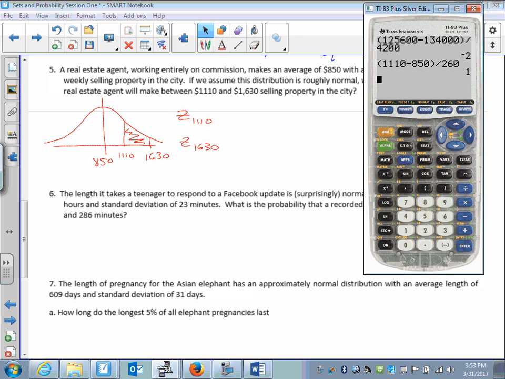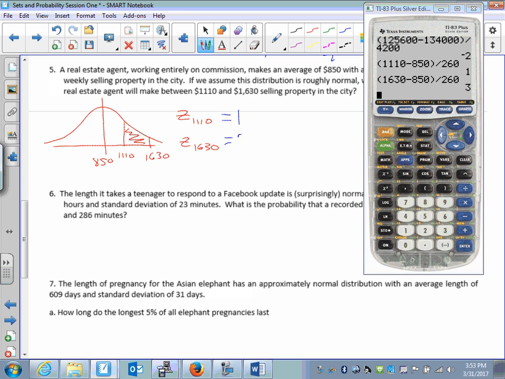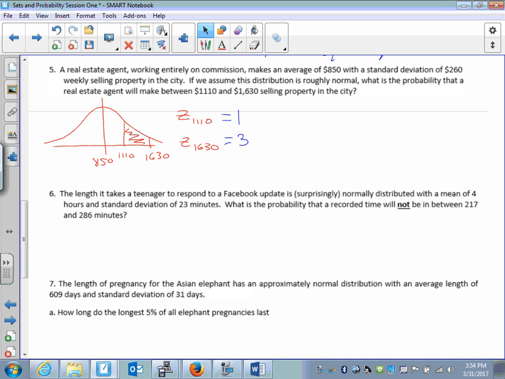And we get 1. Okay, so the z-score here is 1. And 1630 minus 850 divided by 260 is 3. So once again, the empirical rule would probably get this for us, but let's go ahead and use the table.